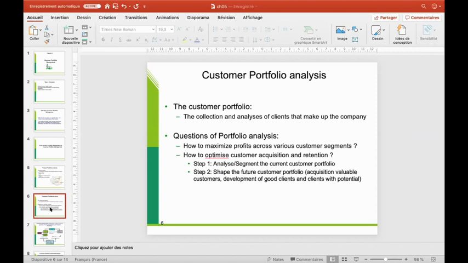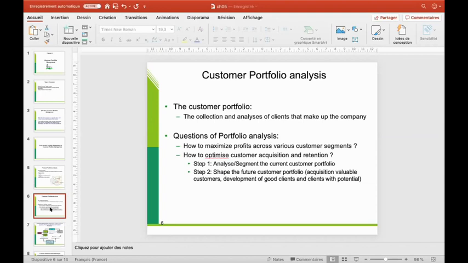The ideal way would be to use CLV analysis, because CLV, customer lifetime value, integrates the past value as well as the future. So the idea is to segment the current customer portfolio according to actual or past profit contribution and according to future profit contribution.